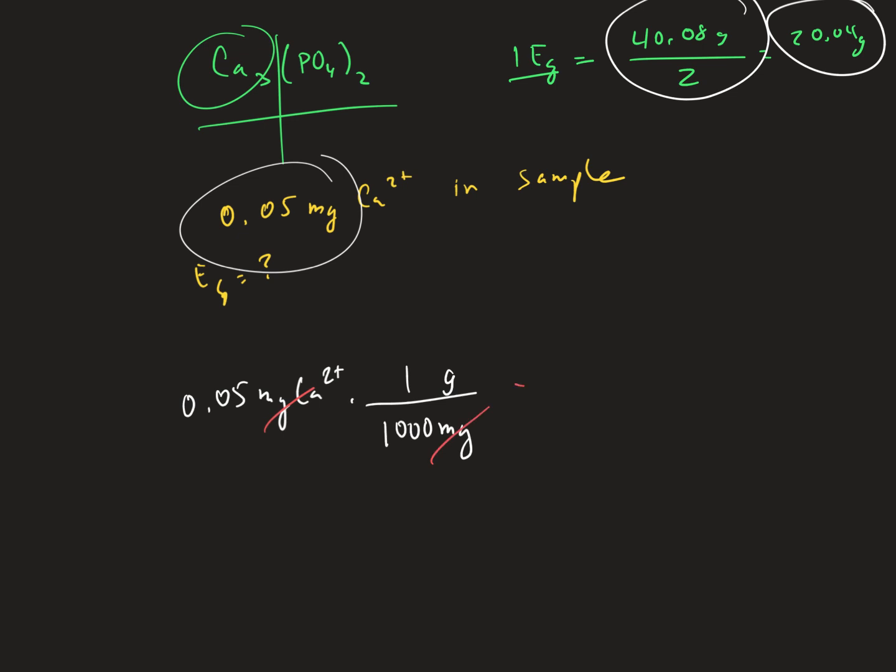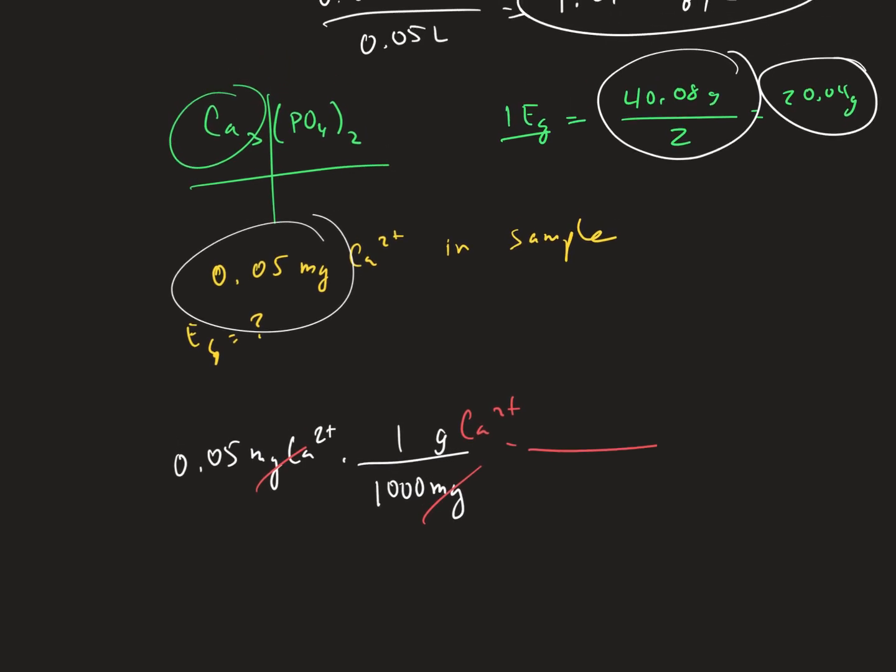Can we just keep going? Sure. So this is calcium 2 plus. Now what do we do? 20.04 grams on bottom: 20.04 grams of calcium 2 plus to 1 equivalent. We're left with equivalents.